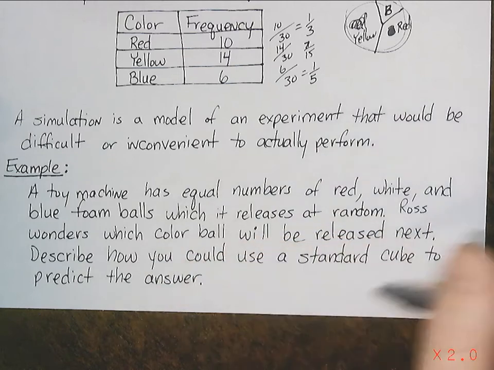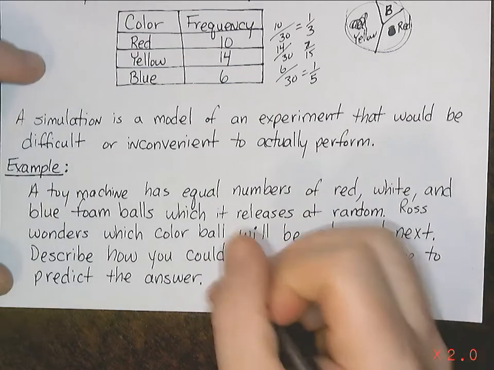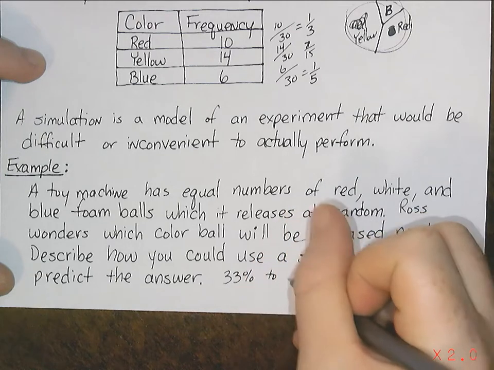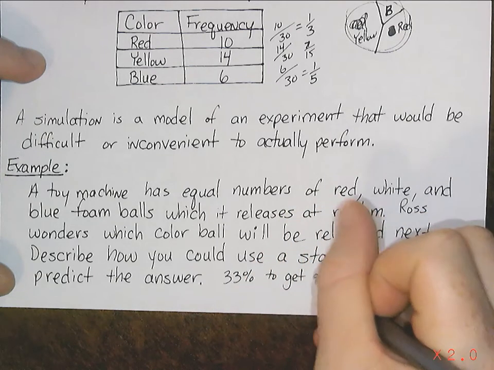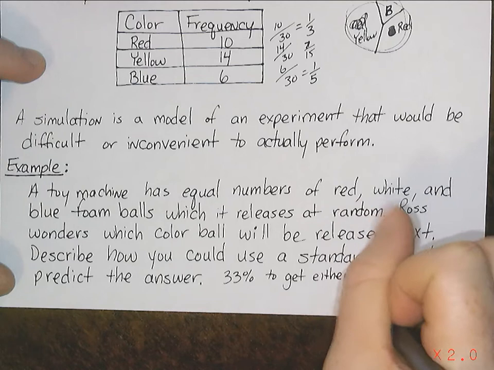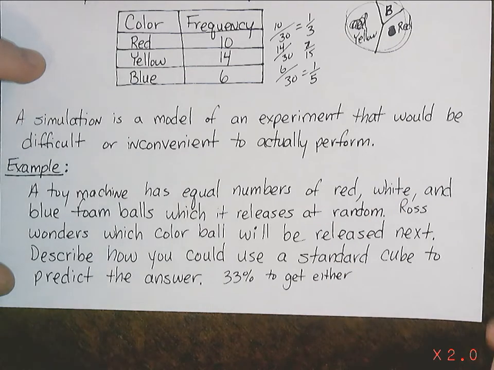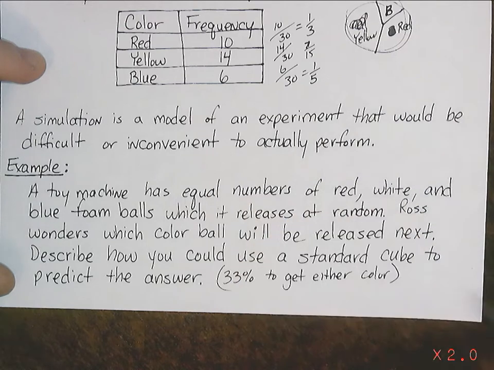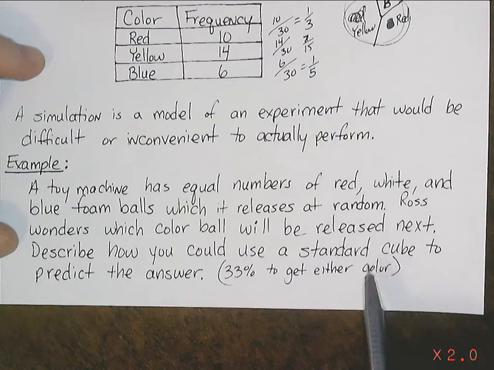But here's really the question. So 33% to get either color would be his likelihood of getting whatever color he wants. But the secondary question here is describing how you would use a standard number cube to predict the answer.